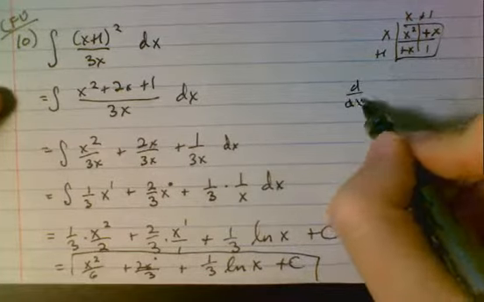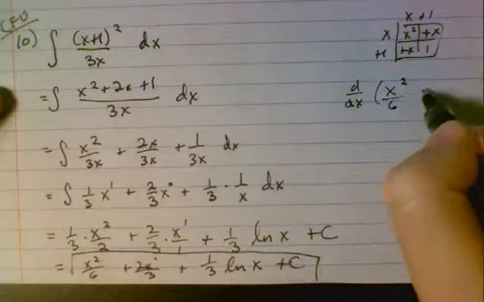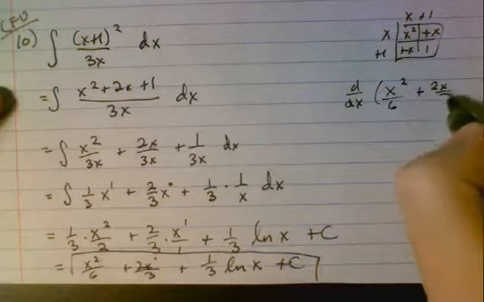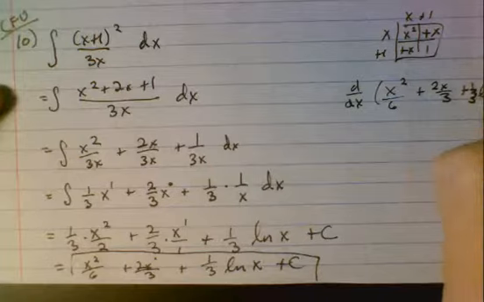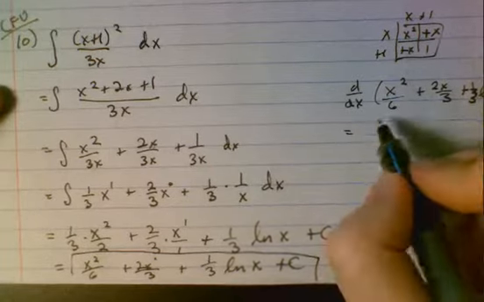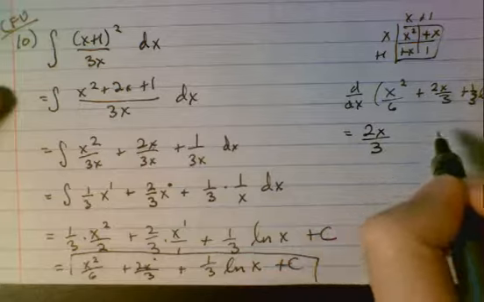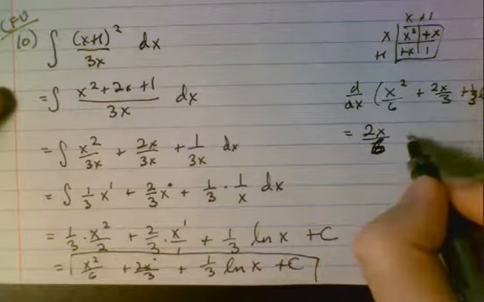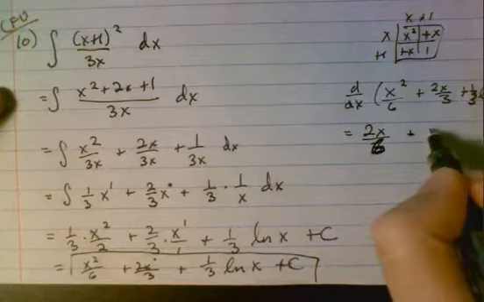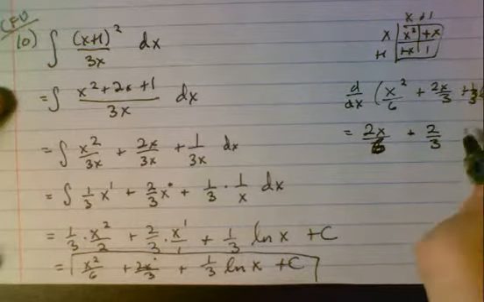We can check this by doing the derivative of x squared over 6 plus 2x over 3 plus 1/3 natural log of x plus c. So this is 2x over, that's 6, 2x over 6 plus 2/3, this x, bring down the 1, that's x to the 0, which is just 1.